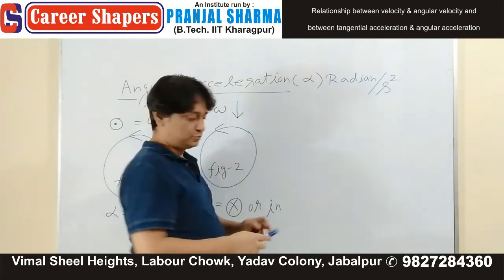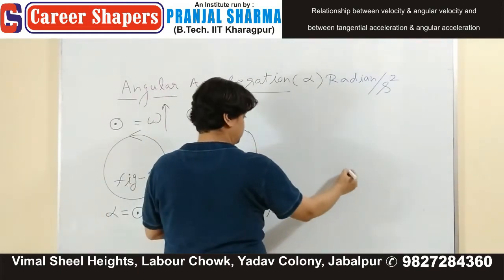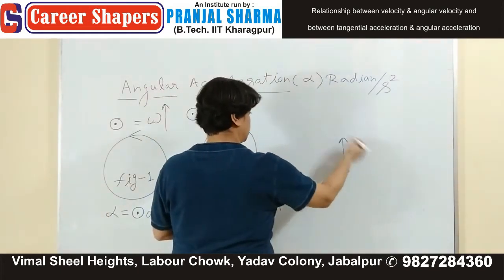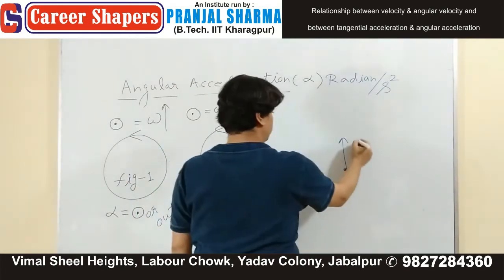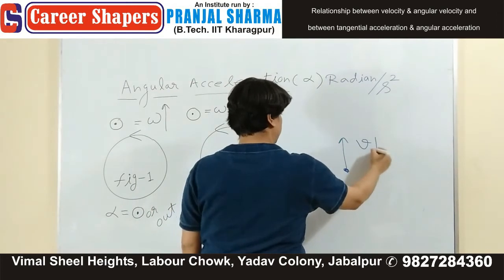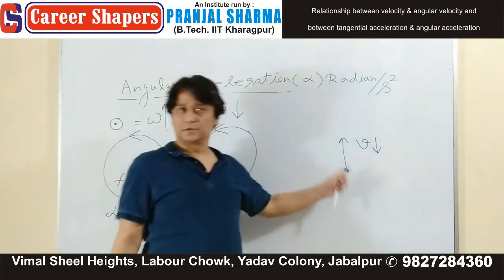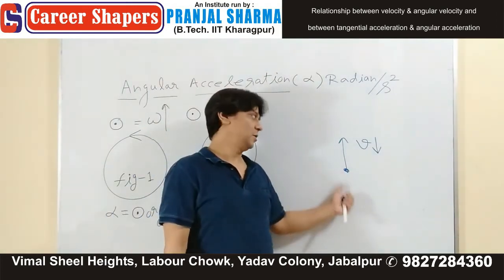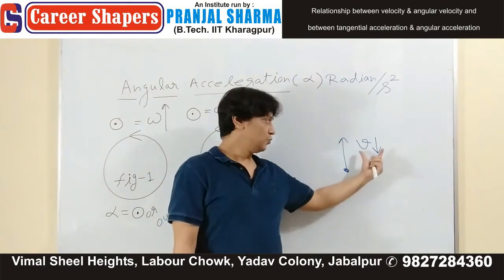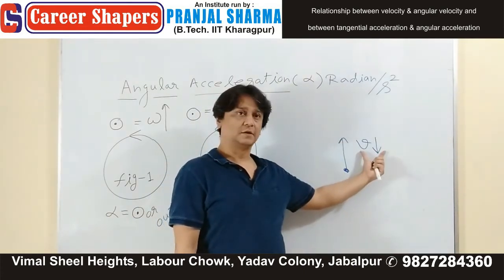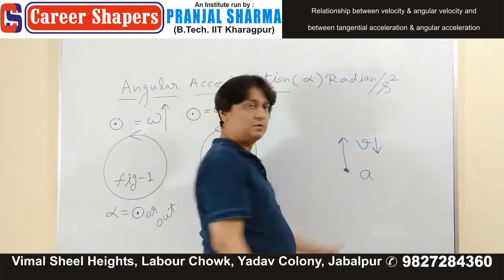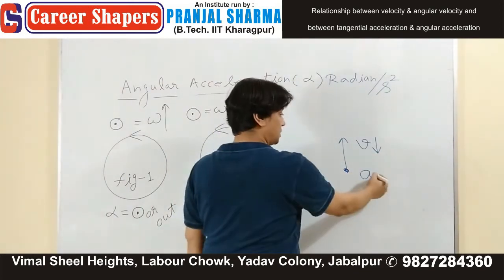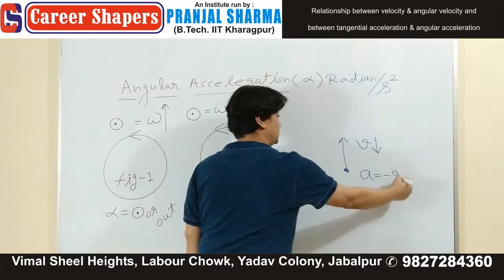When you throw an object up, you know that its v decreases. This is the direction of projection. Object is thrown up, v is decreasing. What is the direction of acceleration? Acceleration is what? Minus g.